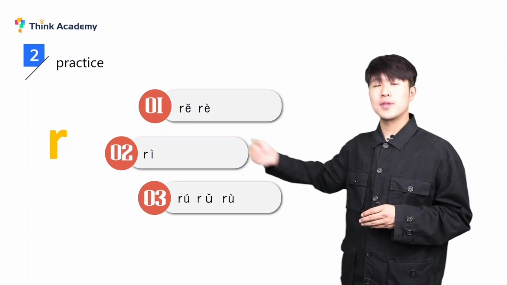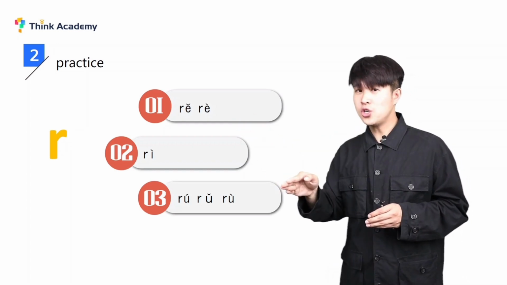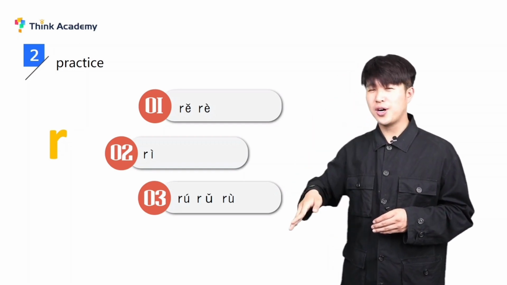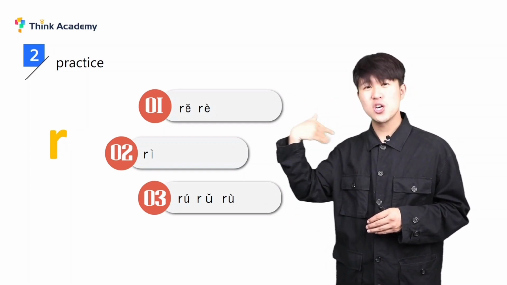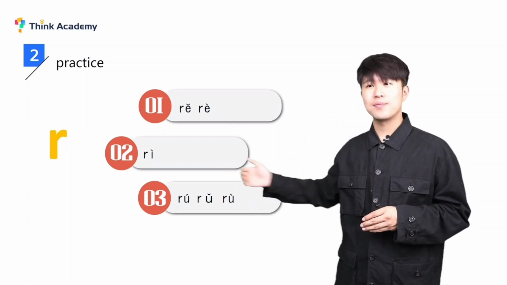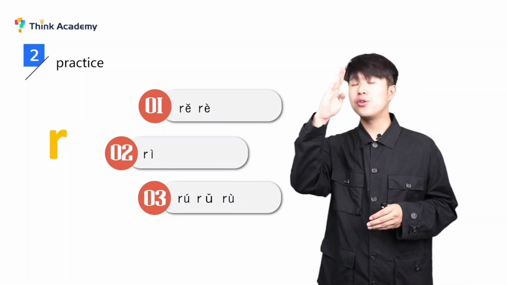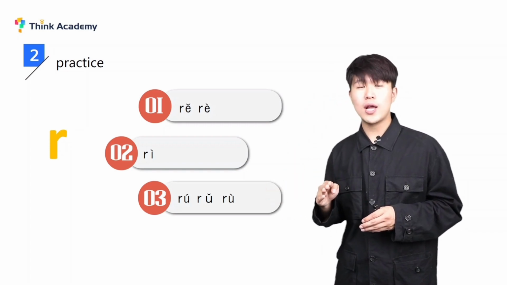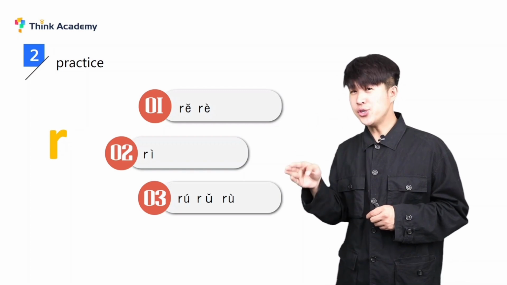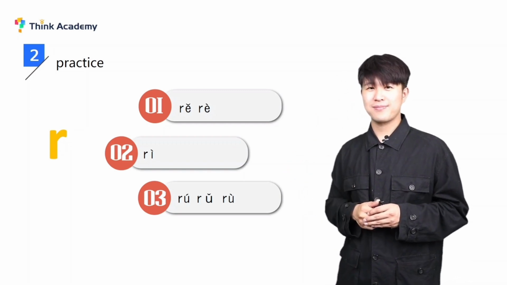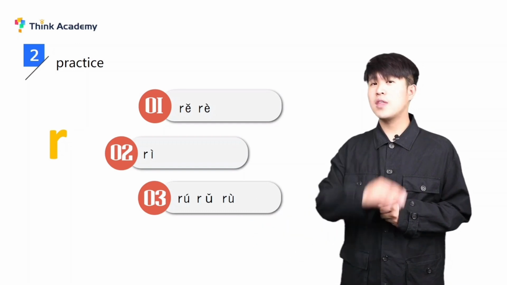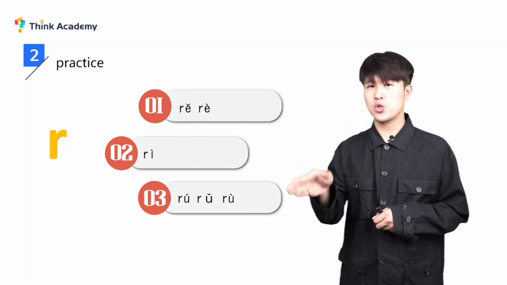The first one. 日恶热日恶热热。Okay. Second line. 日日日。The first one. Okay, the first one. 日日日日。The third line from the second one to the fourth one.